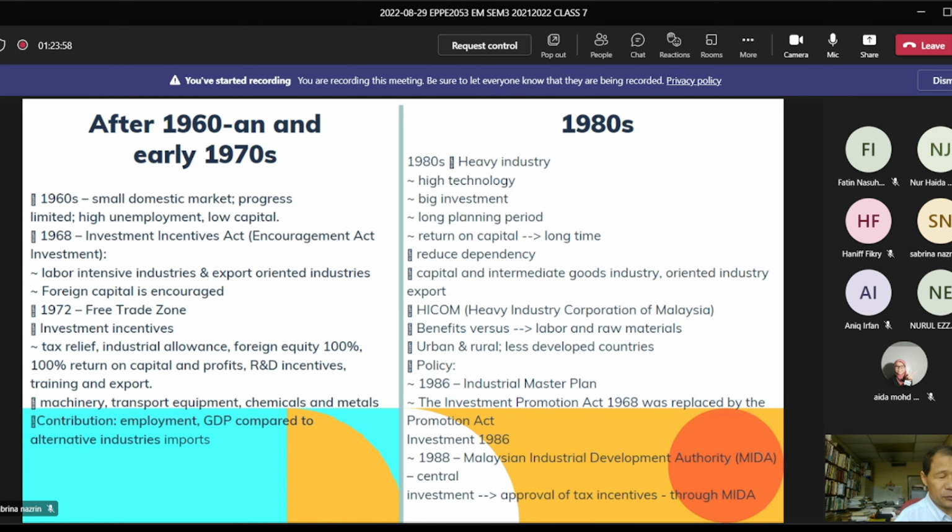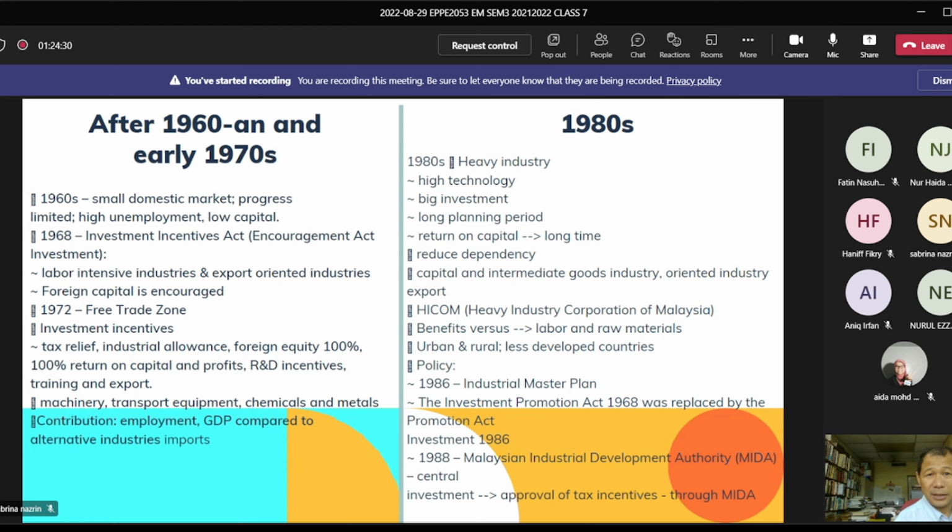And then you should add over there PR, Promotion of Investment Act 1986. And 72, Free Trade Zone. But before 86, you must remember Proton Saga 1983 prototype.